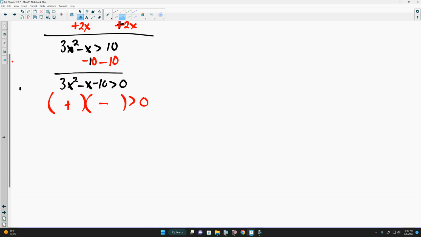So we'll have plus and minus because 10 is negative. 3x squared, well, we'll have x and x, 3 and 1. Factors of 10 are 1 and 10, 2 and 5. Most likely we're going to use the factors of 2 and 5. I'm going to say 5 and 2. And if I check this here, 3x times negative 2 is negative 6x. 5 times x is plus 5x, which does indeed give us a negative x.